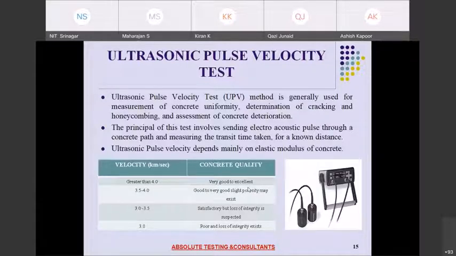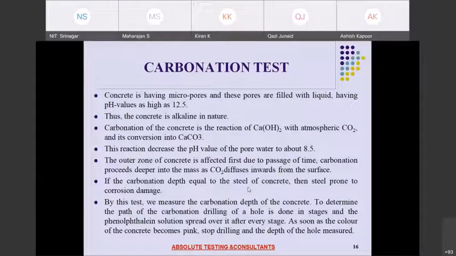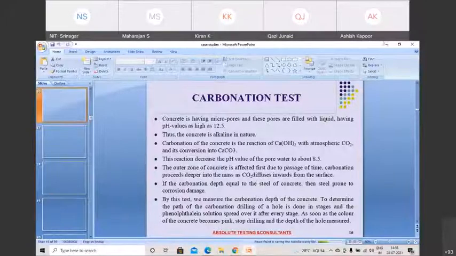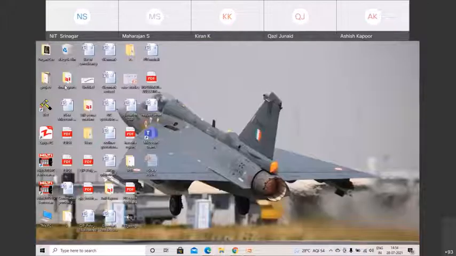So here you can see this is the ultrasonic pulse velocity equipment. I'll show you another slide where there is a comparison between both the IS codes. Just give me a second, I'll show you.